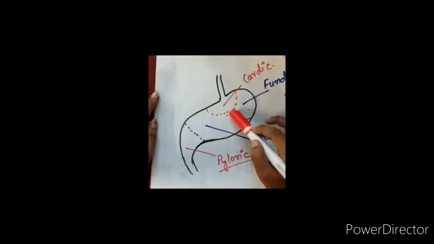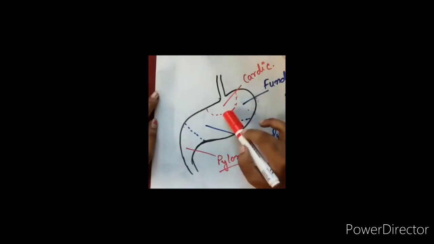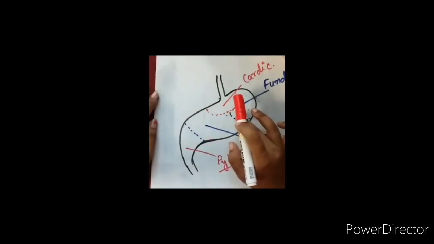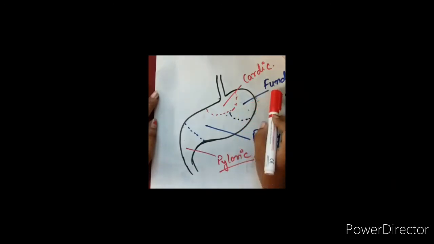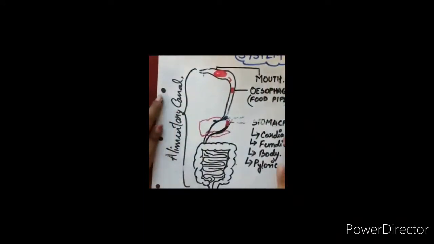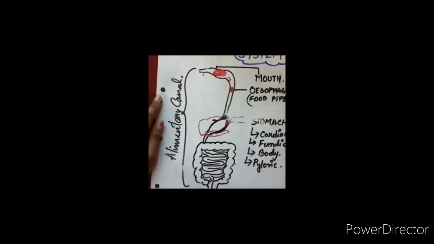And beside the cardiac and above the body, there is the fundic. I hope this diagram is clear to you. So there are 4 different areas.